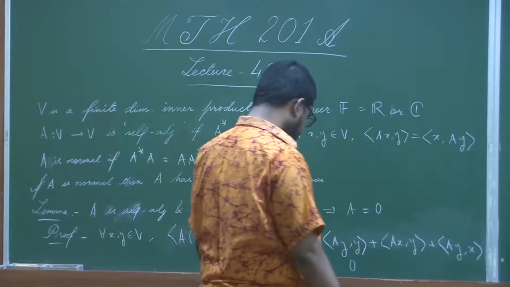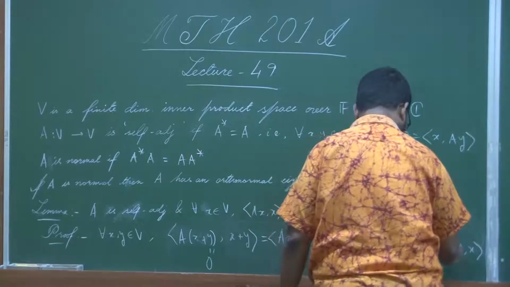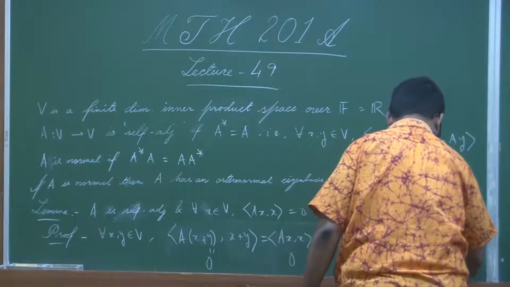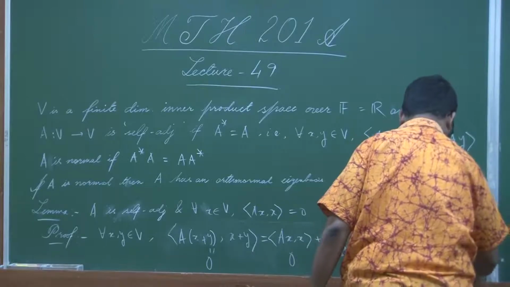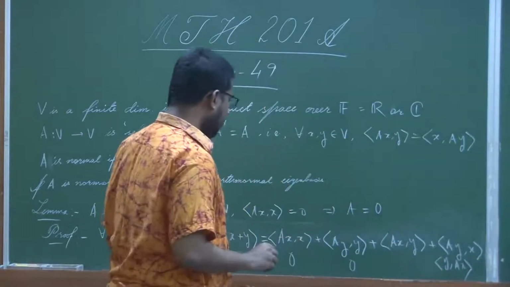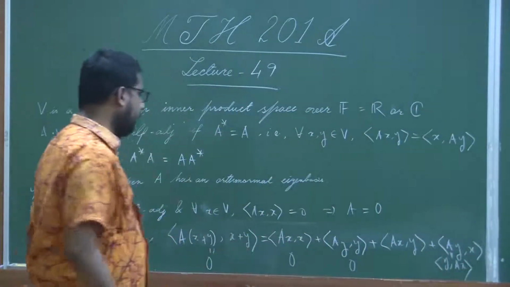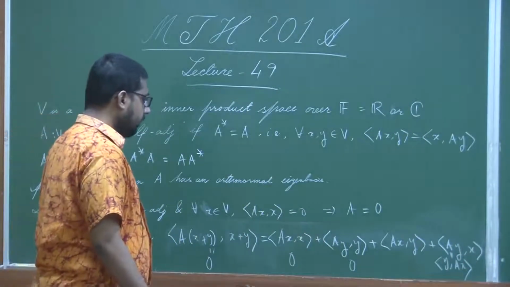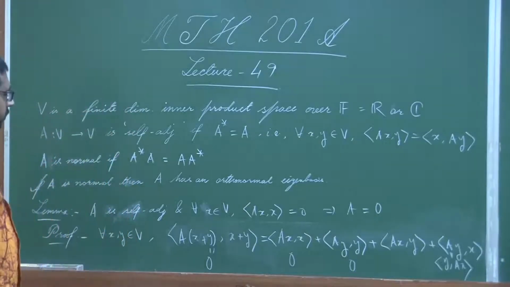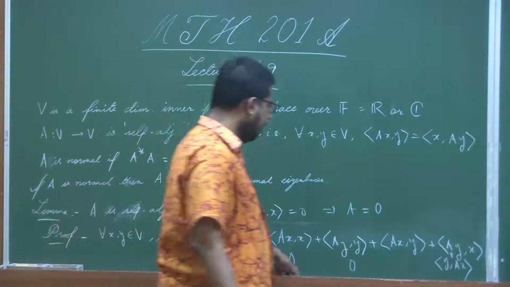Therefore this Ay x is nothing but y Ax, because A is self adjoint. Therefore, what you get is the following.